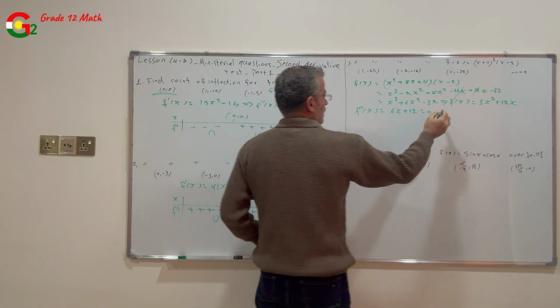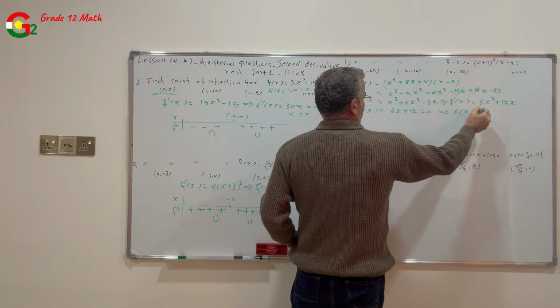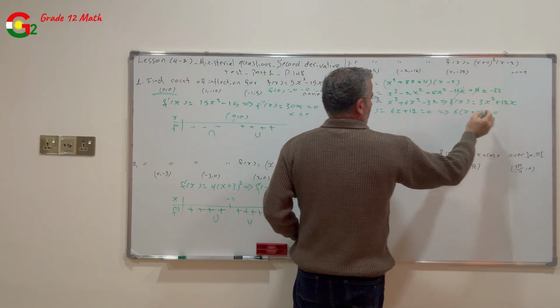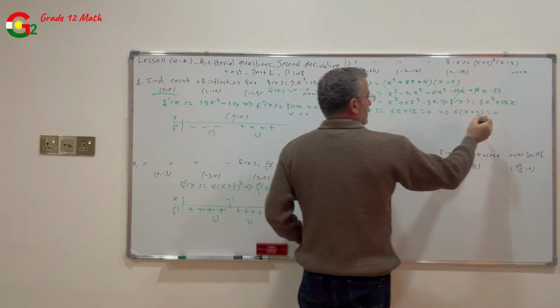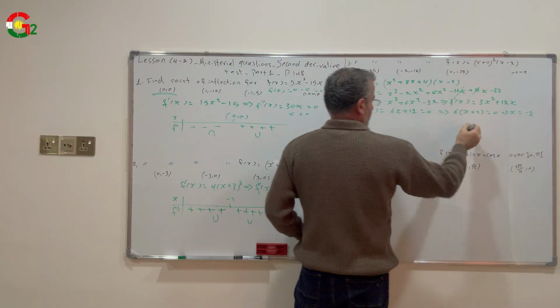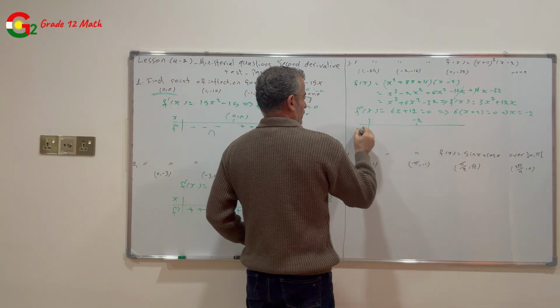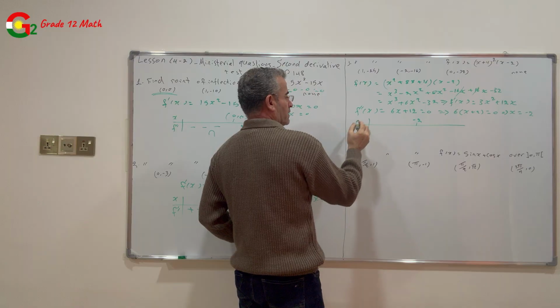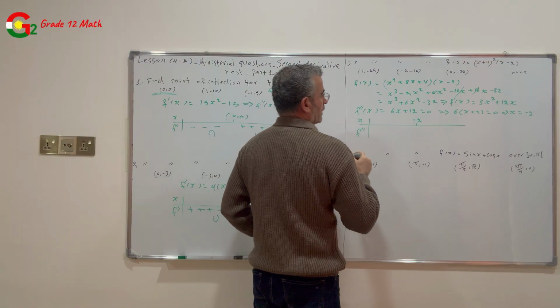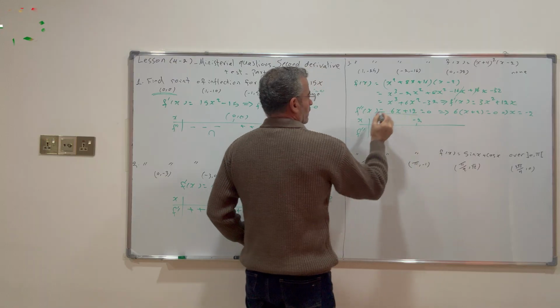Set it equal 0. Factorize by 6, x plus 2 equals 0. Divide both sides by 6, then x equal negative 2. It is a critical point. Find the sign of the second derivative before and after negative 2. This is the second derivative.